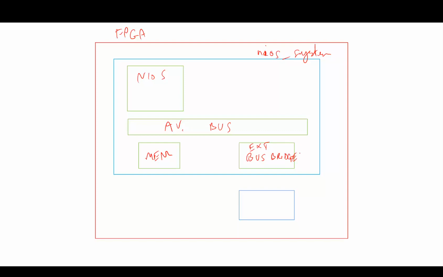Okay, and the memory space assigned to this external bus bridge is still the same as well, 0x0 to 0x7F.